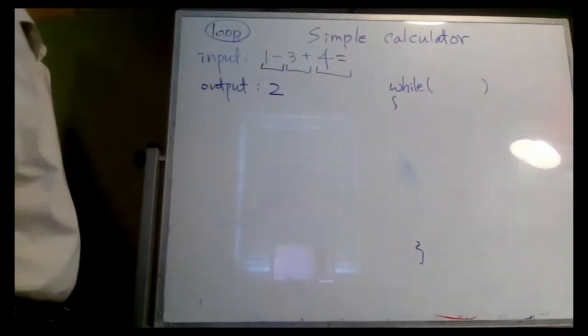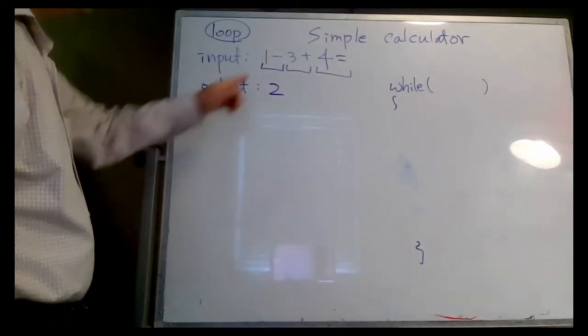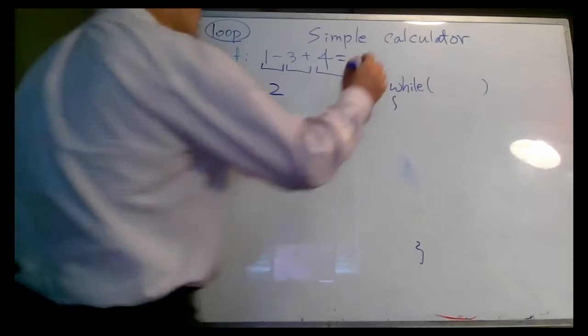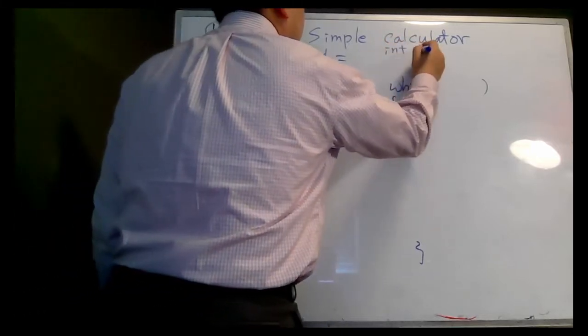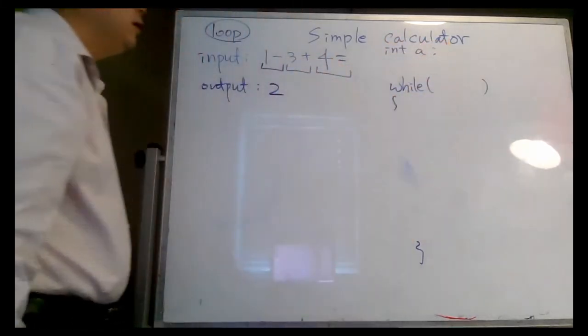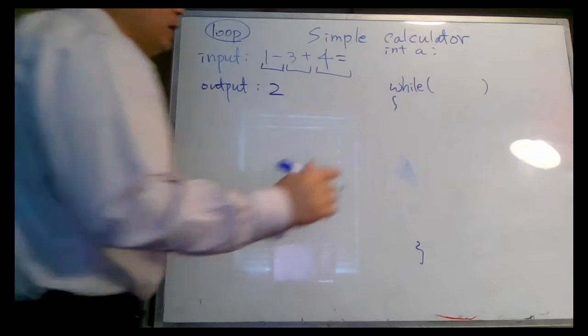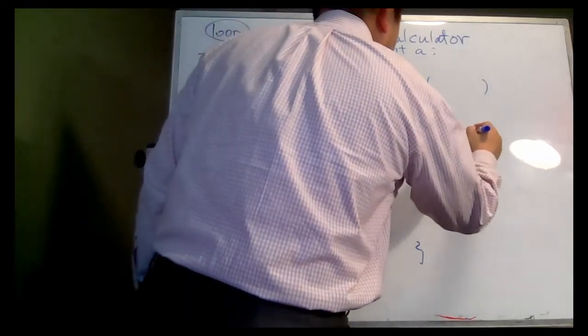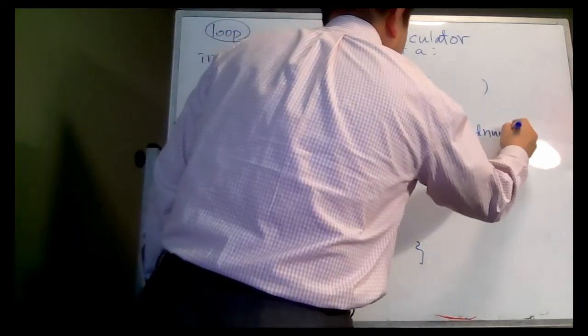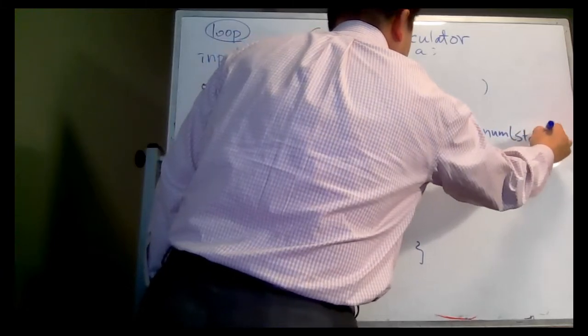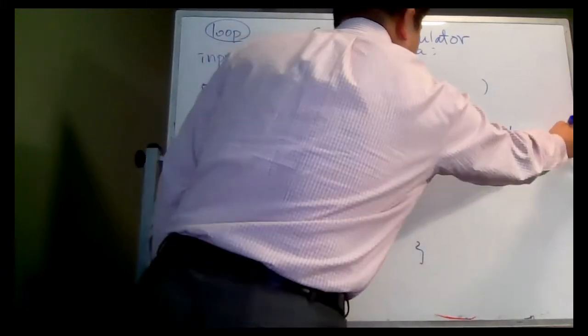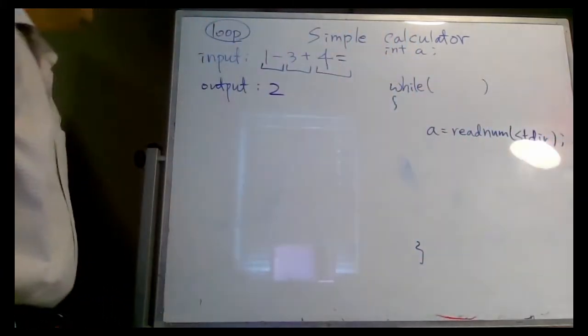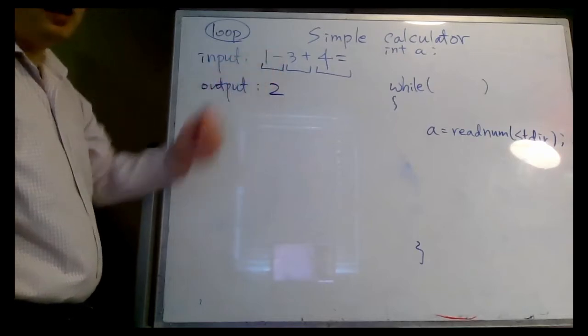What you need to do is first read a number. So that means I have to create an integer variable, and then I'll just read the number like this. Okay. And then you have to read an operator.